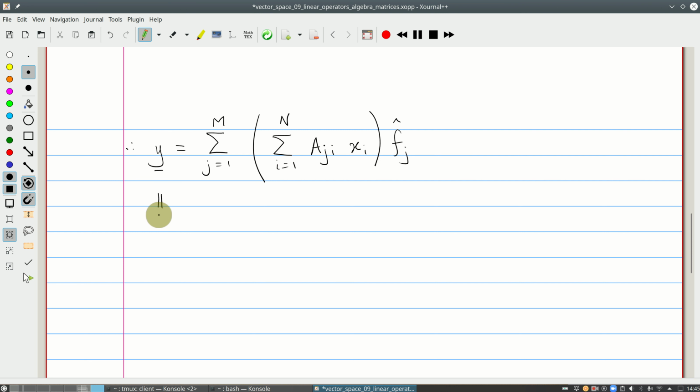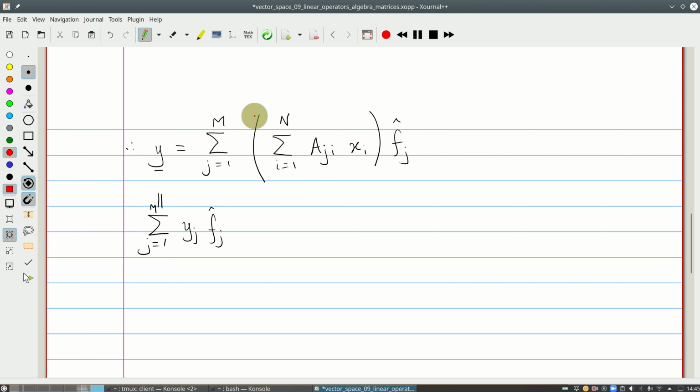So this itself is equal to the sum, j goes from 1 to m, f_j, y_j, f_j hat. And now you can compare these two sums. Let's make a comparison here.